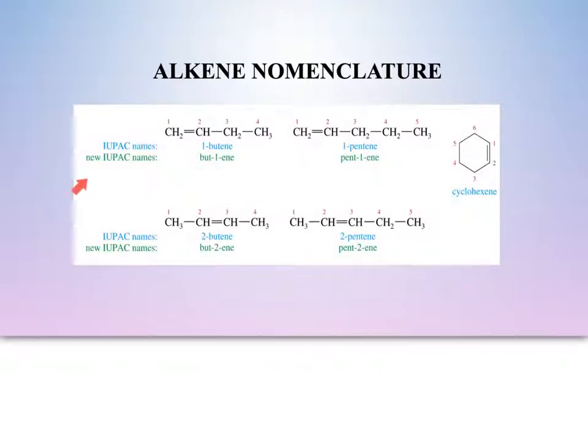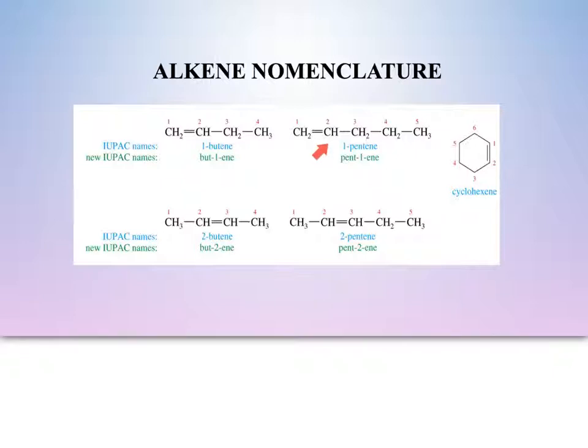So on this page here, we just have the IUPAC and the new IUPAC naming system for alkenes. So on this one here, 4 carbons, double bond. Double bond is between the 1 and 2, so we could call this a 1-butene, or we could call this but-1-ene.